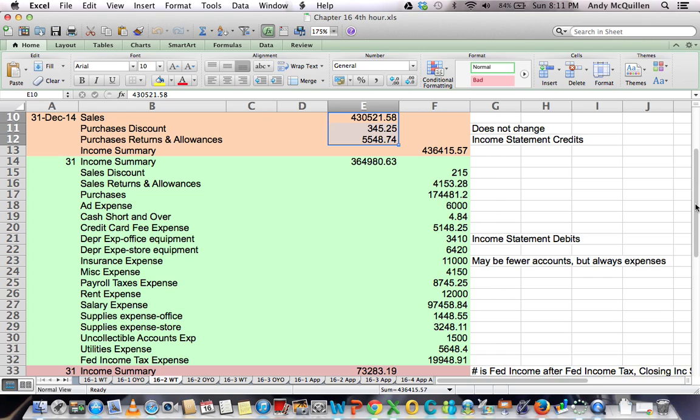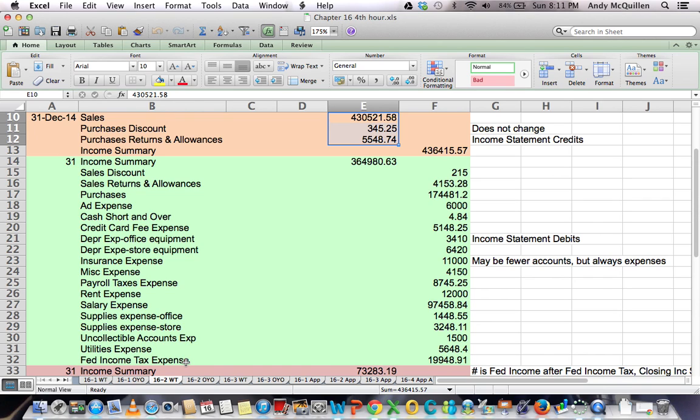Then we go on to part B, which is in green here on your screen. That one says to close all income statement accounts with debit balances. Well, if it has a debit balance, we have to do the opposite, so we have to credit. Income summary will always start this section, and the accounts will be listed below. And there's a lot of accounts. I'm not going to read them all to you, but it starts with sales discount and it ends with federal income tax expense.